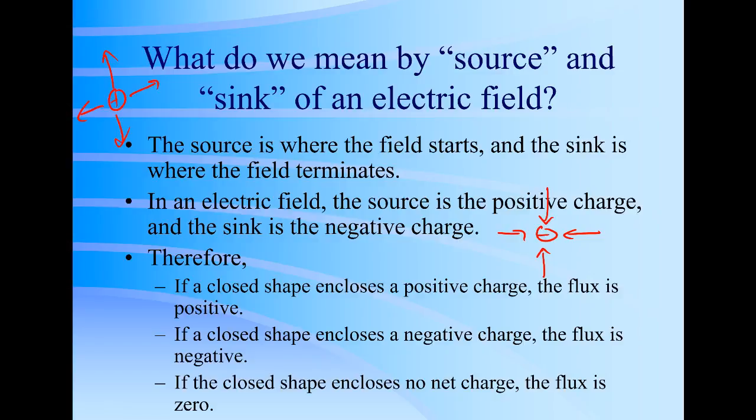If it encloses a negative charge, the flux is negative. And if it encloses 0 charge, the flux is 0. Or if the net charge is 0. So for example, you could have a positive and a negative. And if they are inside of a closed shape, then the flux is 0.